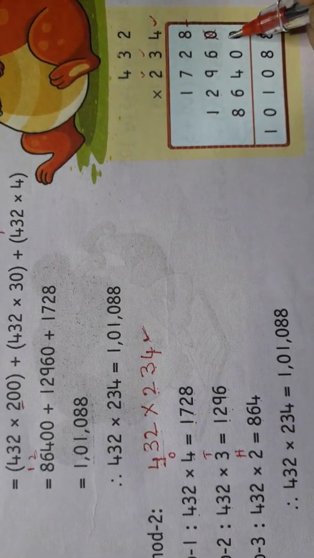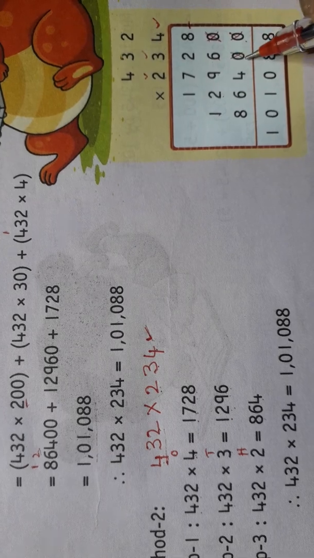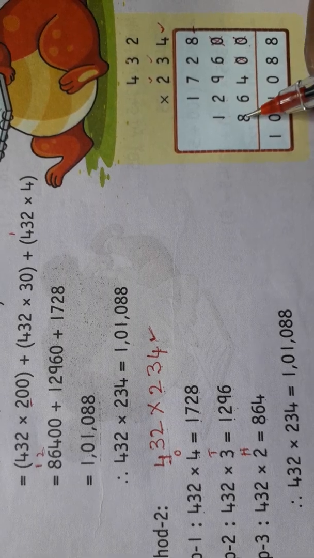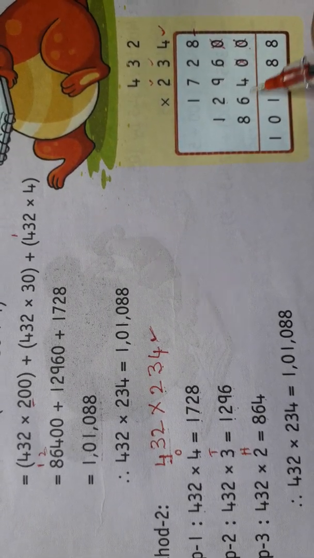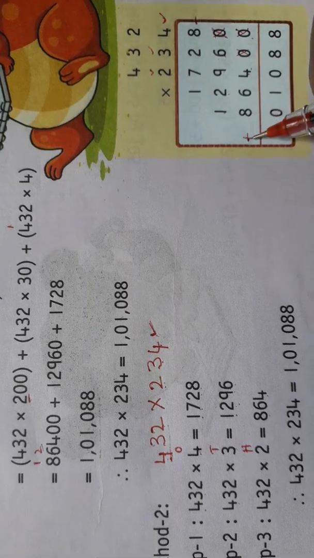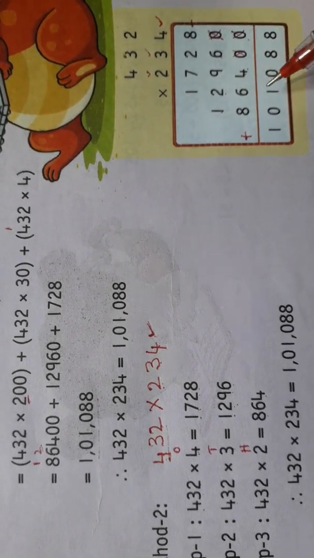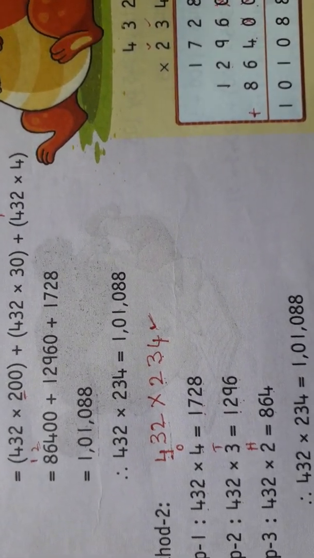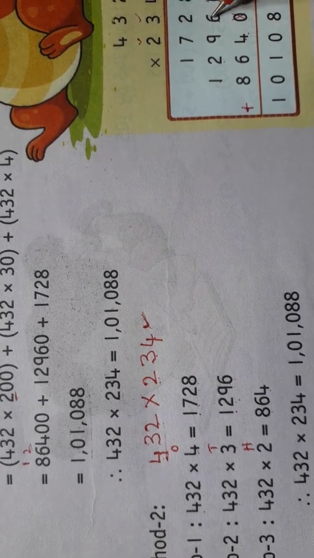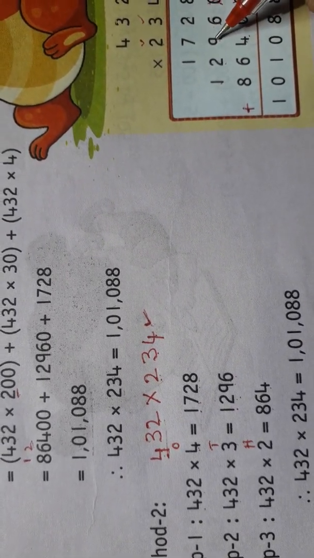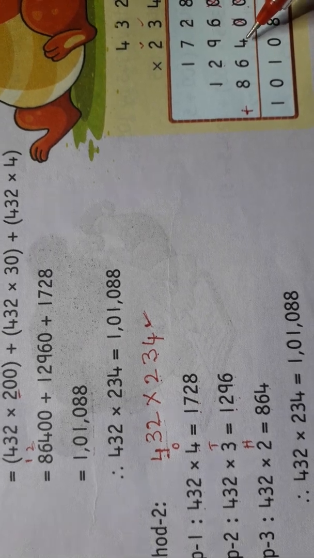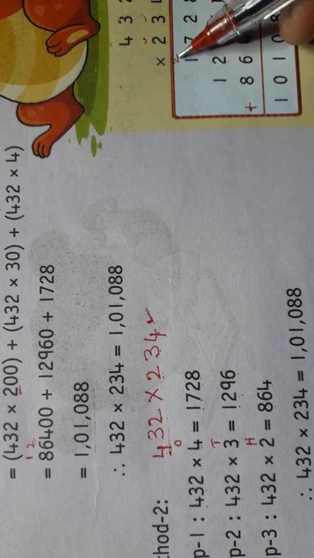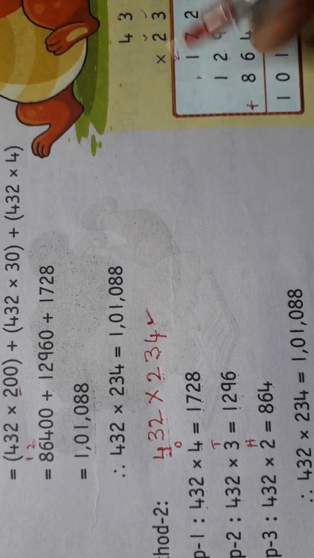Now for the third step, we need to write 2 zeros or 2 x's. Anything we can keep. And we need to write 864. Now, as we know that multiplication is repeated addition, so here when we get all the values, we need to add. 8 plus 0 is 8, 6 plus 2 is 8, 9 plus 4 is 13, 13 plus 7 is 20, 6, 7, 8, 9, 10, 11. 11, 1 carry.